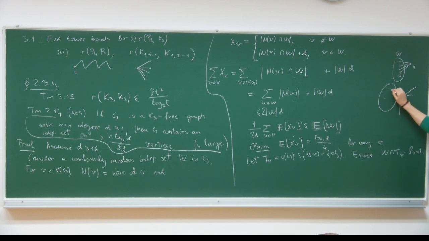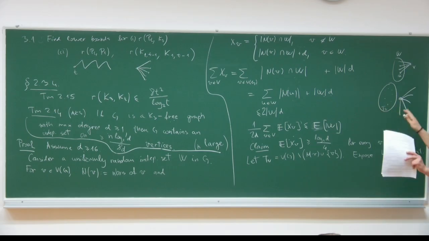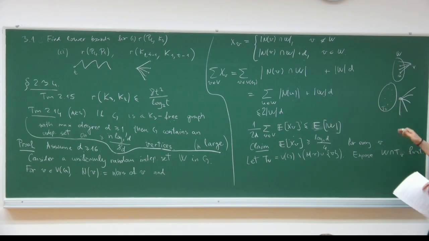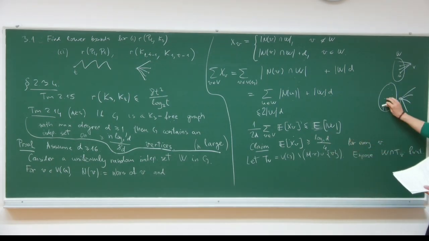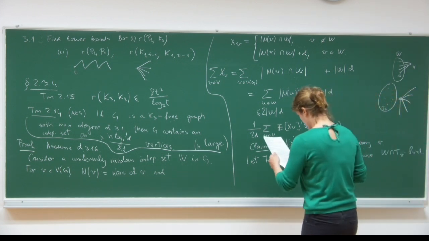I will tell you exactly in this set TV which vertices are in W and which ones aren't. So we're going to condition on that and then bound everything else conditional on that set. In plain language, that means that whatever set here plays the role of W intersect TV, we will have this lower bound regardless of that intersection.